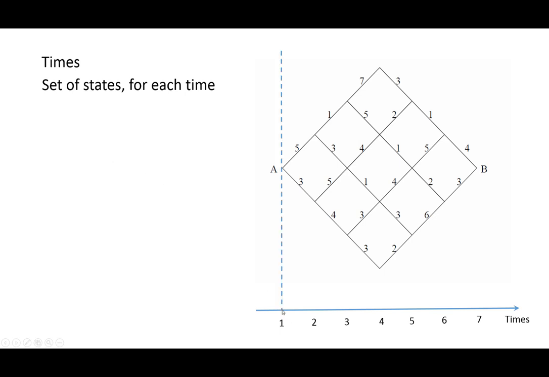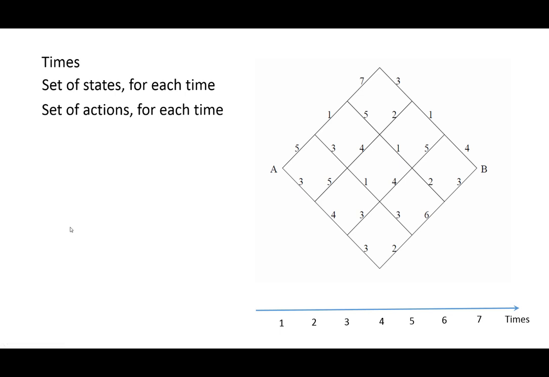Okay, at point 1 we have this state, which is indicated by this circle, and at time 2 we have two states. This is one and this is another, and so on. So as we progress in time, the number of states initially increases. It is the largest here at time 4, and then it decreases, and finally we have this final state B.